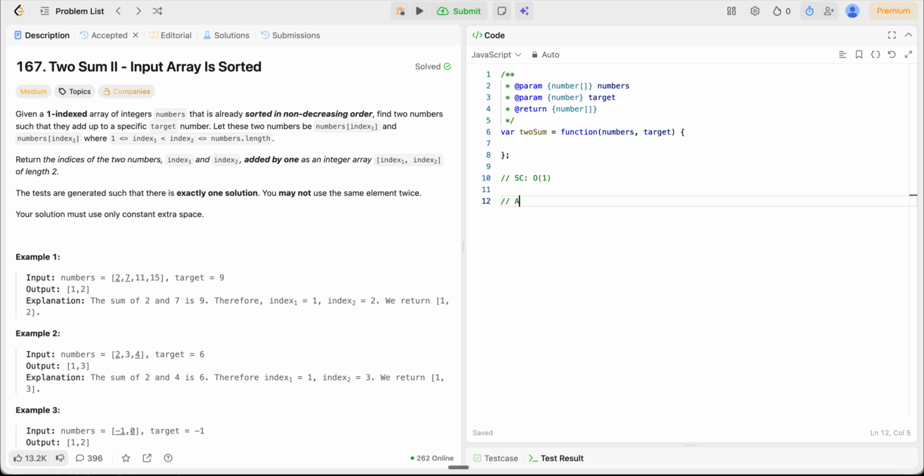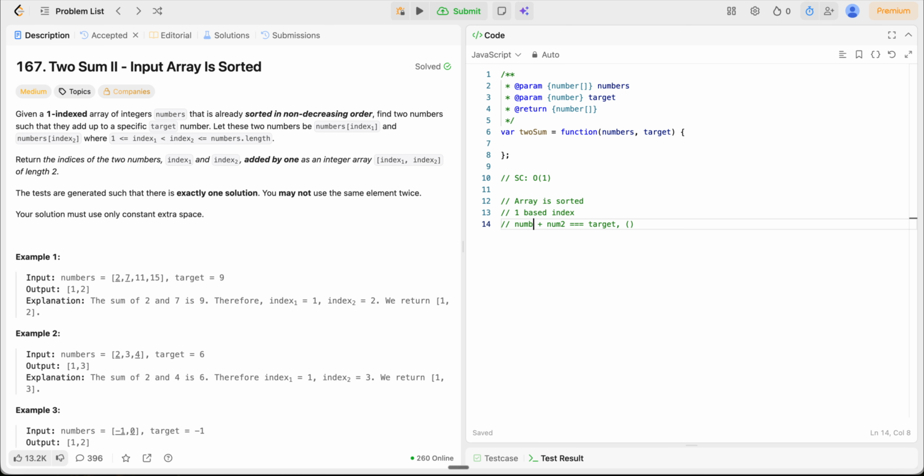So now first let's try to understand the given constraints. Array is sorted. That is one constraint. One based index. And then what else? We have number 1 plus number 2 equals target. Then we should be returning index 1.